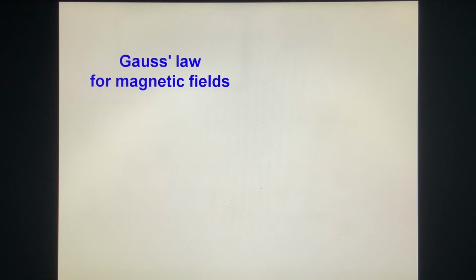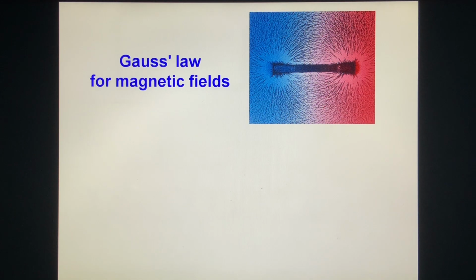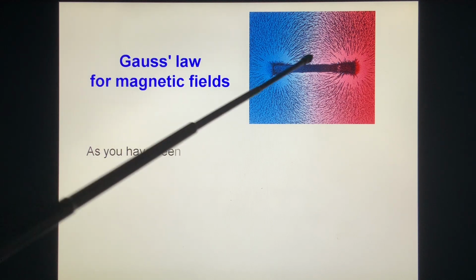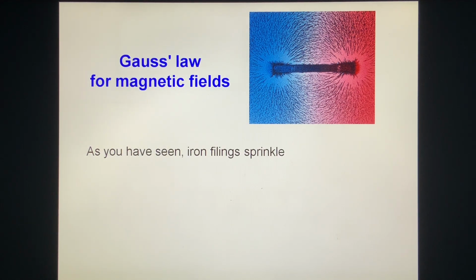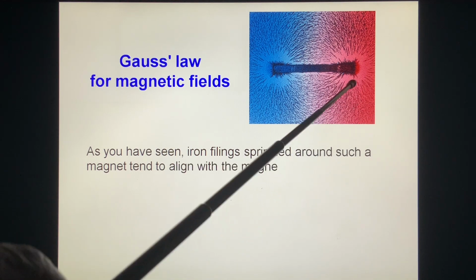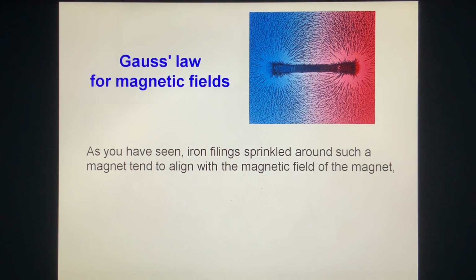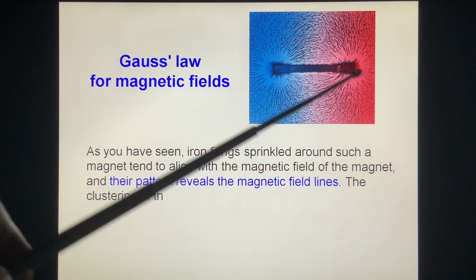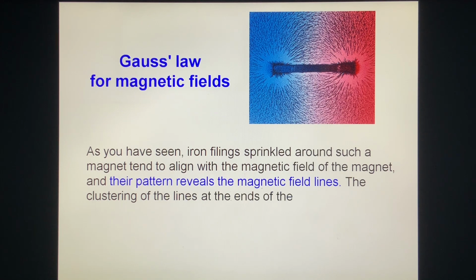Gauss's law for magnetic fields. We look at these magnets. Iron filings sprinkled around such magnets tend to align with the magnetic field of the magnet, and their pattern reveals the magnetic field lines.